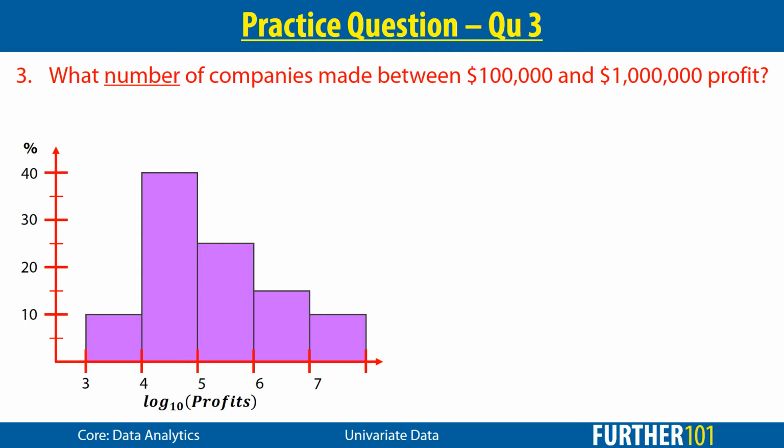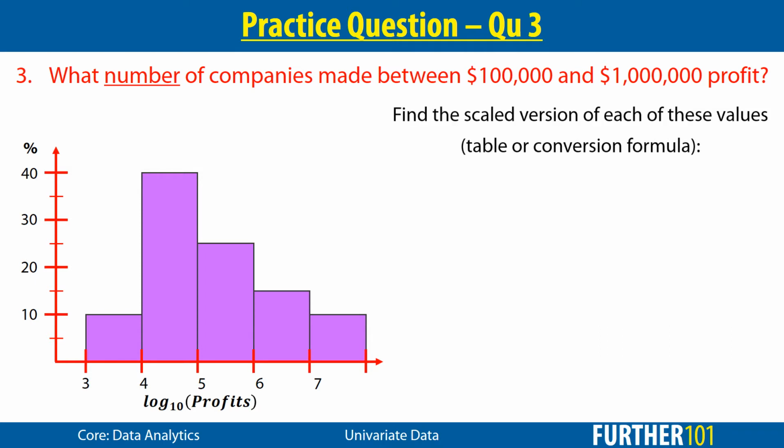But the very first thing to do is just to convert those $100,000 and $1 million values into a scaled form. So we can use the formula again and see that 100,000 becomes 5 when scaled by log with a base of 10, and 1 million becomes 6. Again, you can use these formulas or you can use the table provided before.